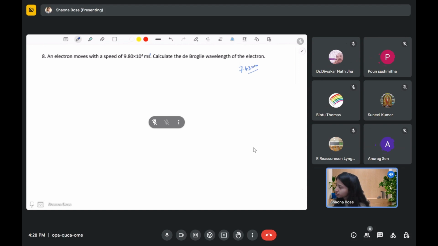For this particular problem, I don't have the answer, so we have to solve it and check that. What about the others? Are you also getting the same answer?